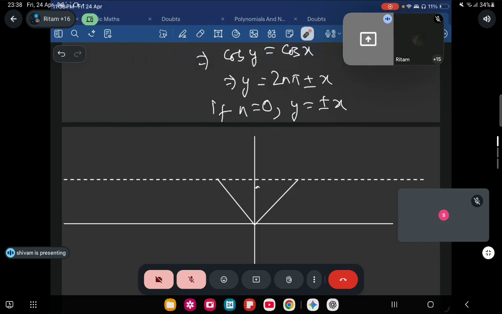So it has been divided into two branches, y equal to x and y equal to minus x.